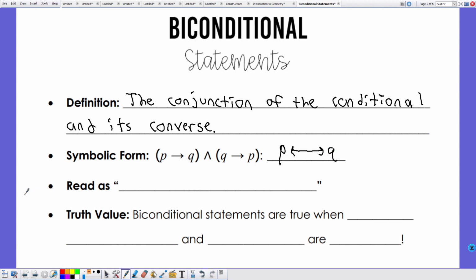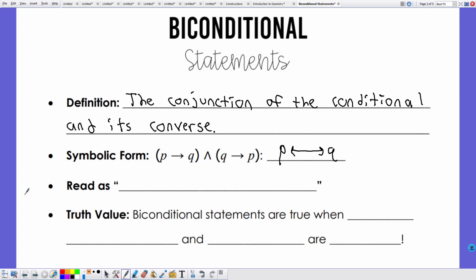Because when we think of biconditionals, we think of them in terms of a forward direction and a backward direction when we're writing out these types of statements. And we'll see what that is when we get to an example.